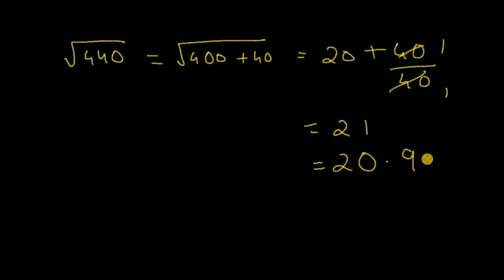So if you draw your calculator out and check the square root of 440, you'll get something around 20.976. So you see how close 20.976 is to 21, and that's why we got this kind of error. So all you got to do is subtract 1 from this and add 0.9 to it. So it's going to be 20.9. You do not have to worry about these digits. Usually it's rounded to a single decimal place. So square root of 440 is 20.9.